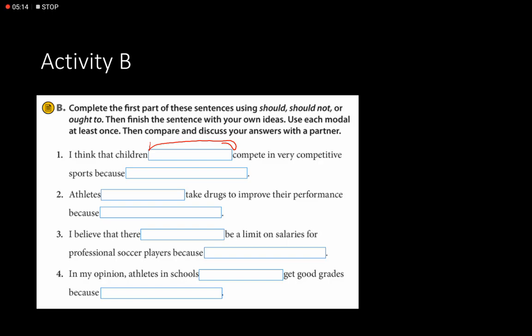So I could say, I think that children should not compete in very competitive sports because, guys, when you see because, after that, give any answer you feel. Okay, any answer that's relevant, that's appropriate. There's no right or wrong, but it has to make sense.